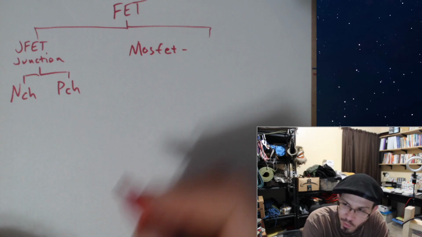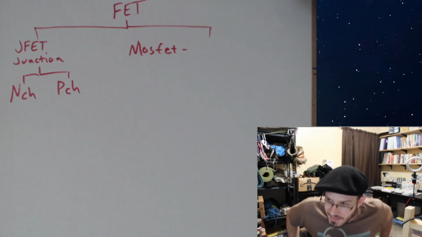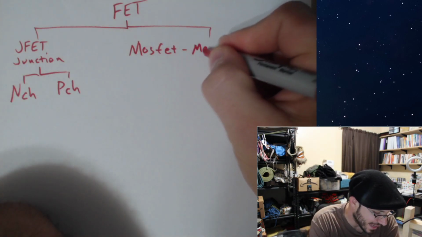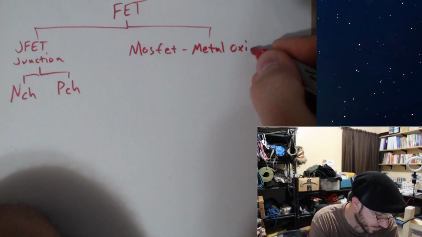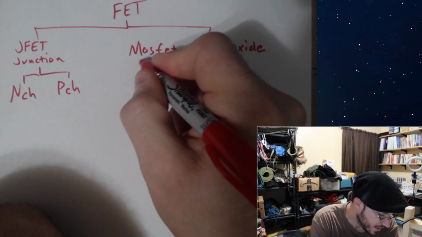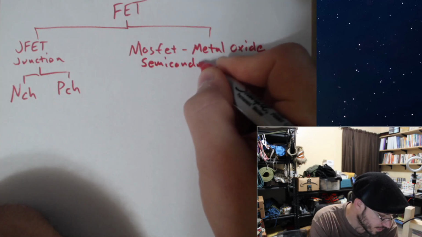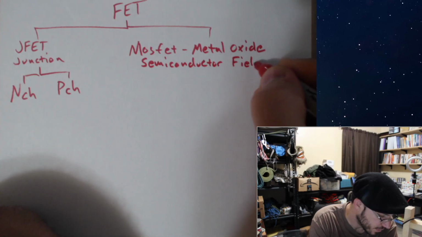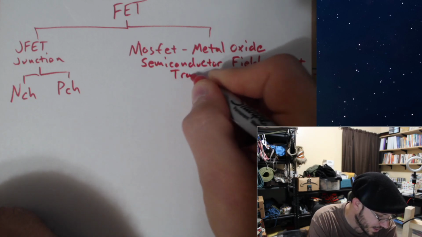Now this one, I'm going to write out the whole thing in all of its glory because you got to give credit where credit is due. Metal oxide semiconductor field effect transistor.